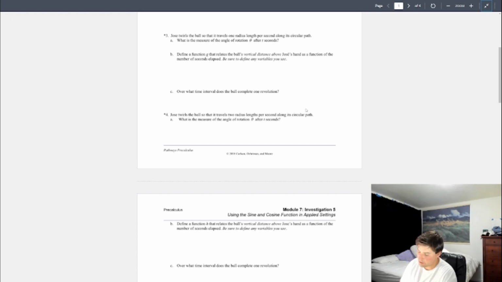Because this one it was fine to say RL, but this it's as a function of the number of seconds. So you can only have f of x. You can't have f of x and also z in the function rule. So we'll just do theta. Doesn't make any sense anymore, but whatever. Theta equals 2 times t. Yeah. Okay, so h of t is just sine of 2t.